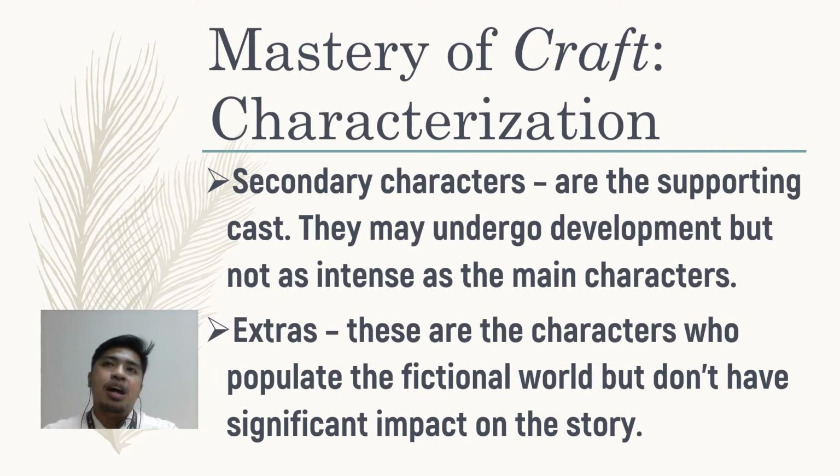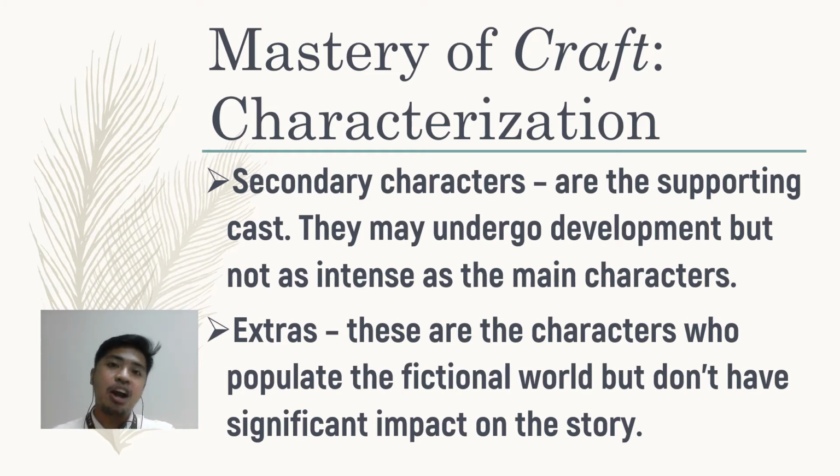Now, I'm sure you are familiar with a lot of other types of characters like round characters, flat characters, static characters. Now, you have learned that already in your other English subjects, but let me just classify them into what we call secondary characters. These are the supporting cast. Okay?